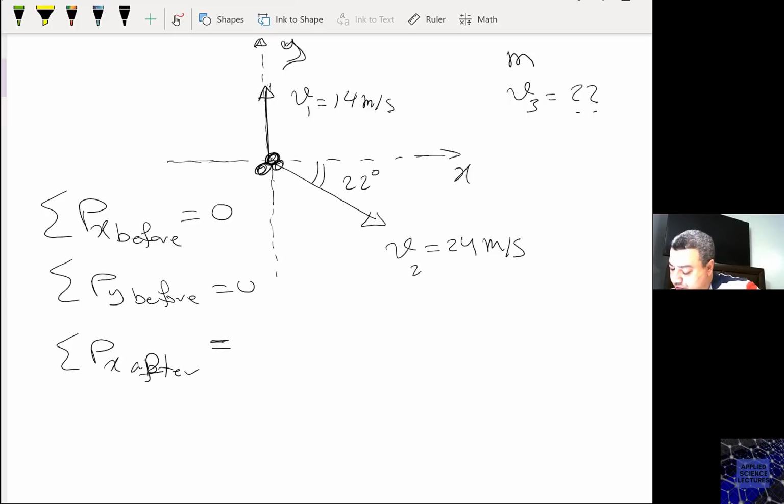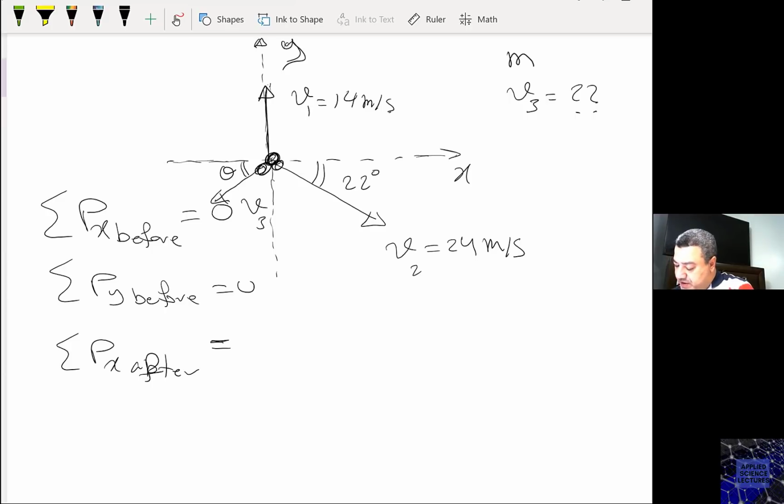So here, let me draw the velocity v3, something like this. So px after, this is v3, and I will call this one theta.